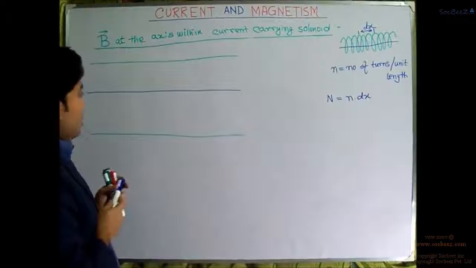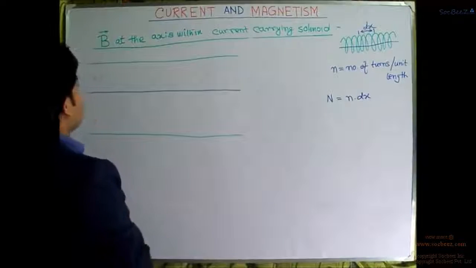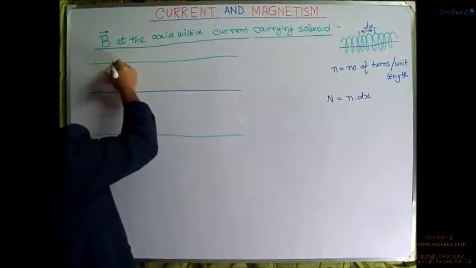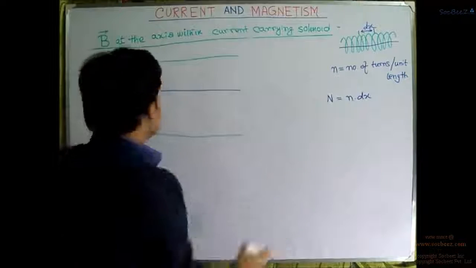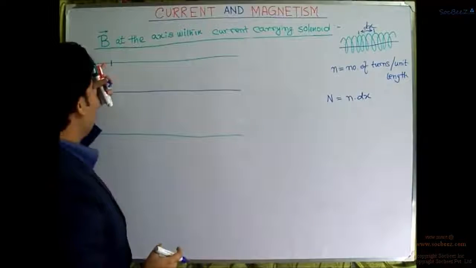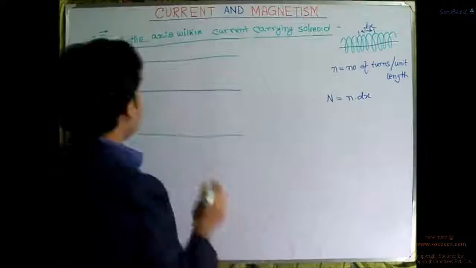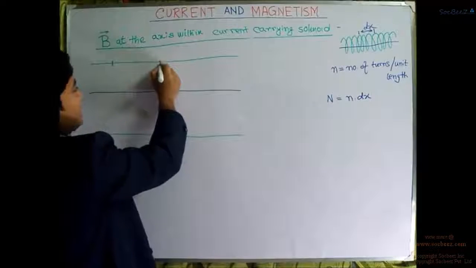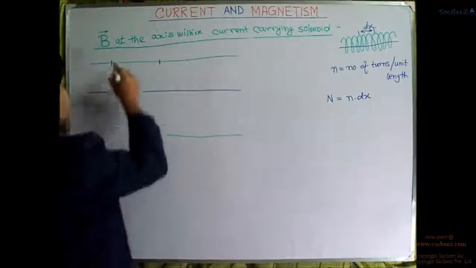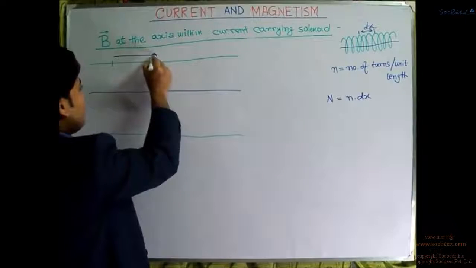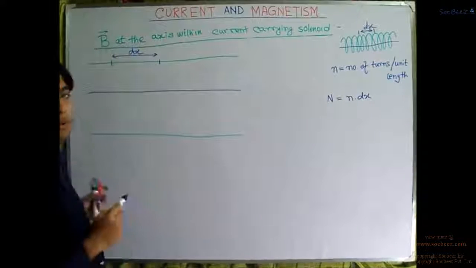Now over here we are taking dx. Let us check that dx starts from this point. This is a magnified view of this solenoid. The dx starts from this point and ends at this particular point. So this will be dx.